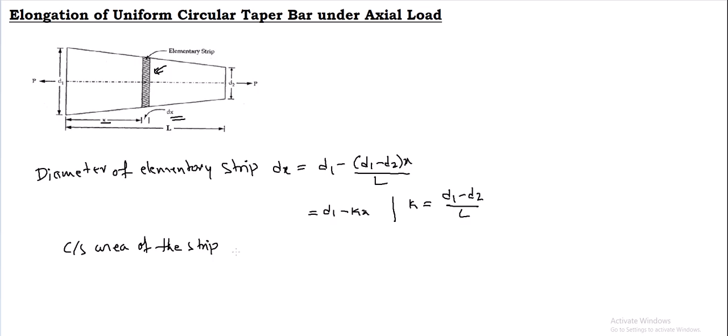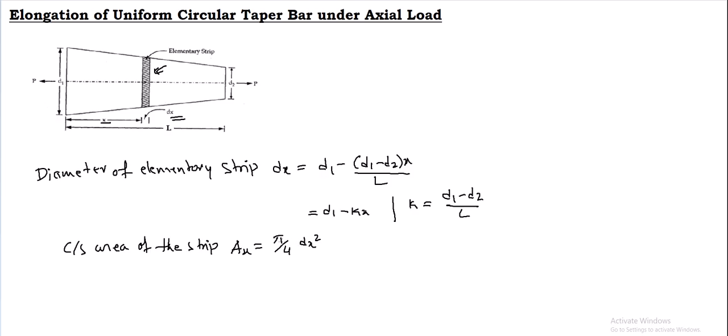what I can write is Ax, since the strip is denoted as dx and the area is denoted as Ax. I can write pi by 4 dx square, since it is a circular section.